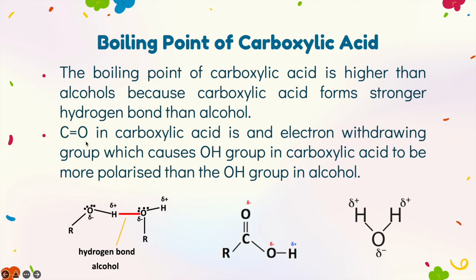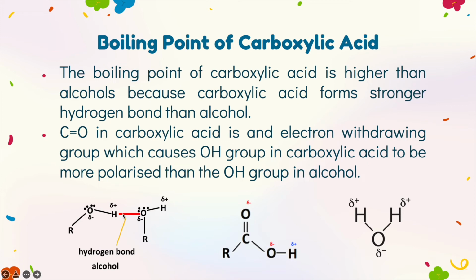The C double bond O in carboxylic acid is an electron withdrawing group, which causes the OH group in carboxylic acid to be more polarized than the OH group in alcohol. So here is how hydrogen bonds between alcohol molecules are formed.